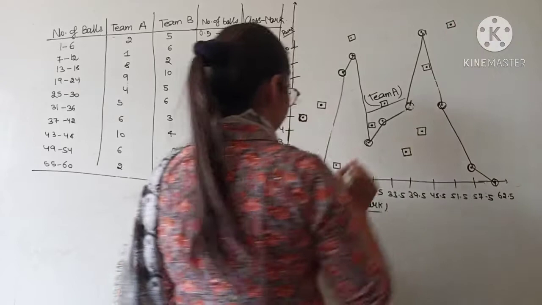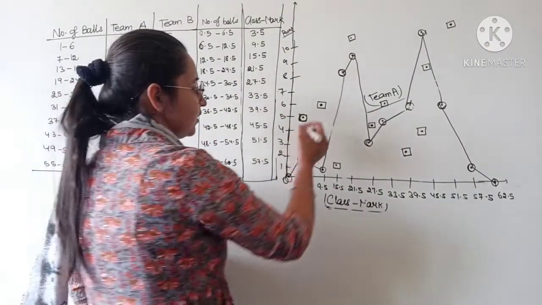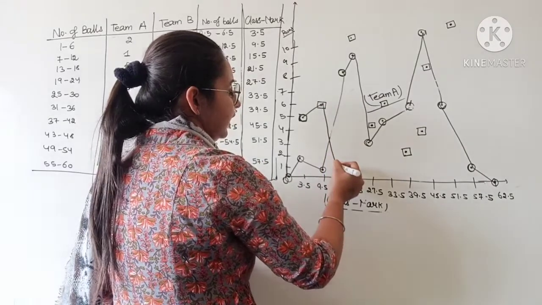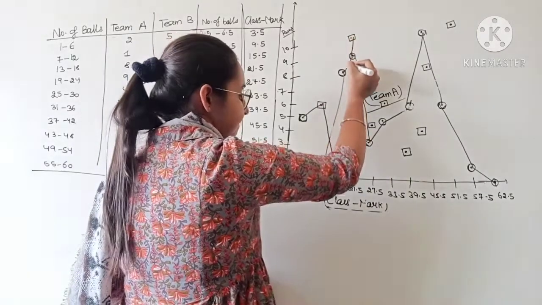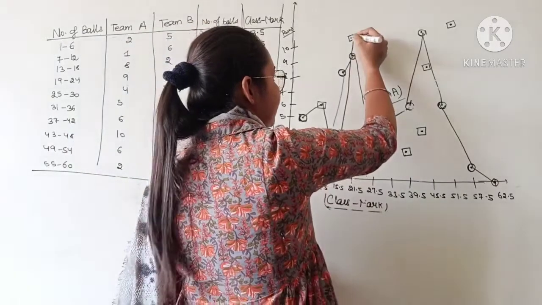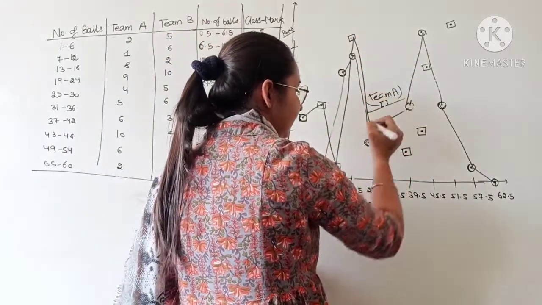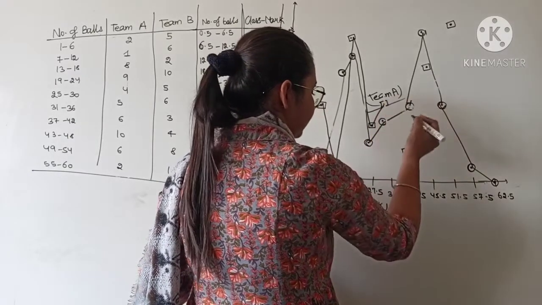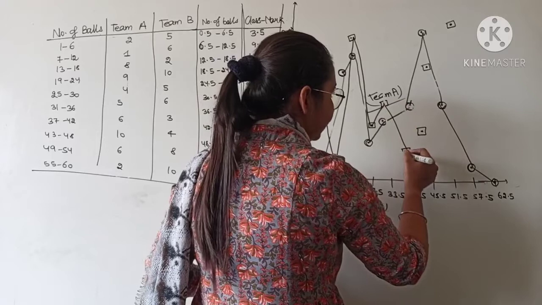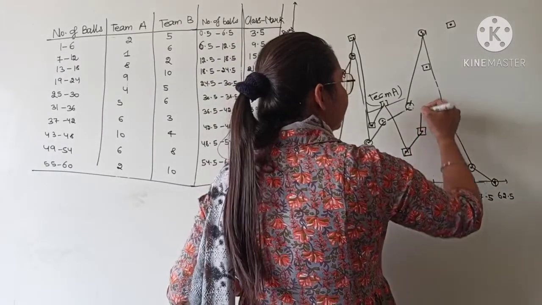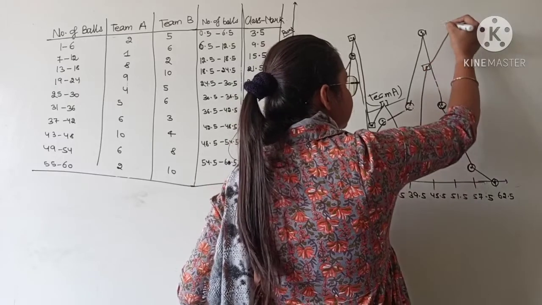Now I will join the points. So first point is here, then here, then here, and then here, then here, and then last is this.